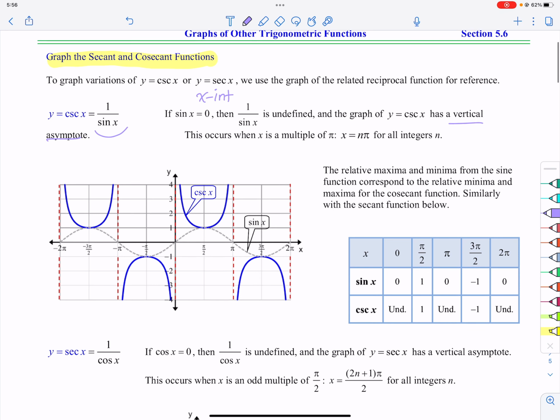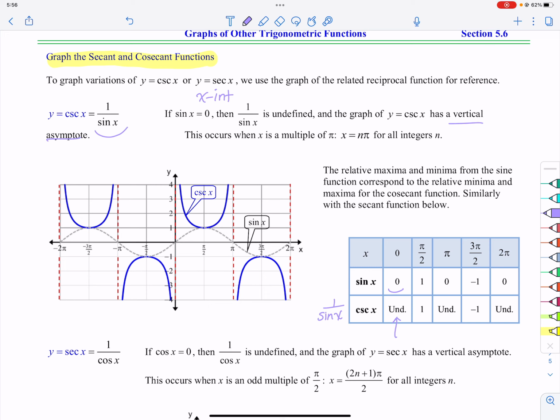So let's take a look at this table here. Where the sine of x is equal to 0, we now have the cosecant of x undefined. That's because this is 1 divided by the sine of x. So these are all of the vertical asymptotes on the cosecant of x.